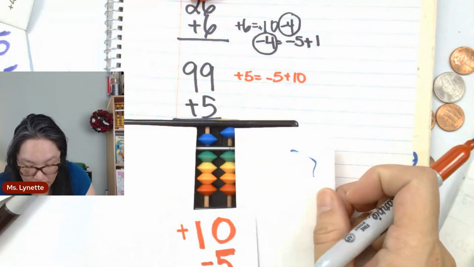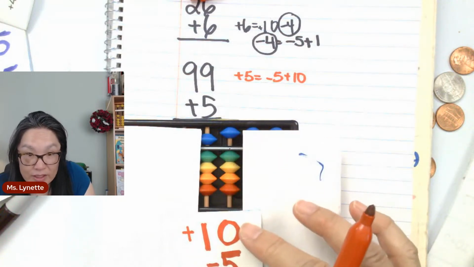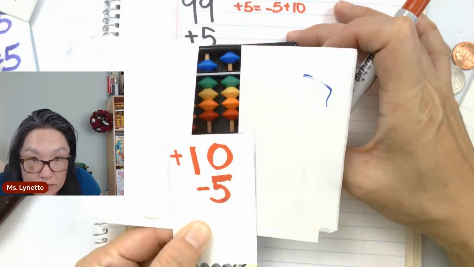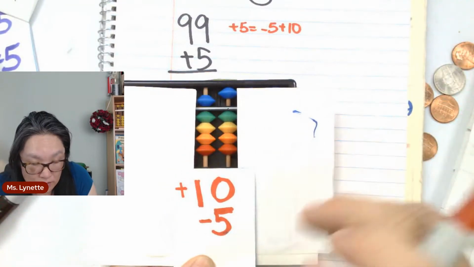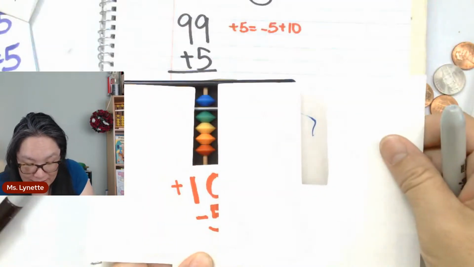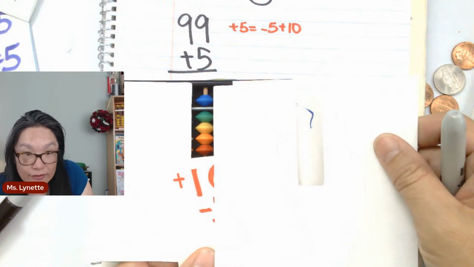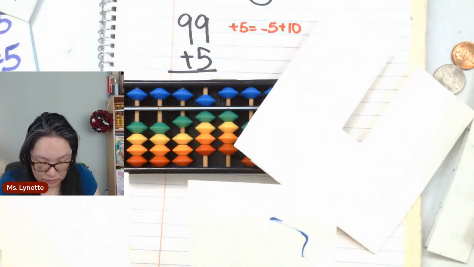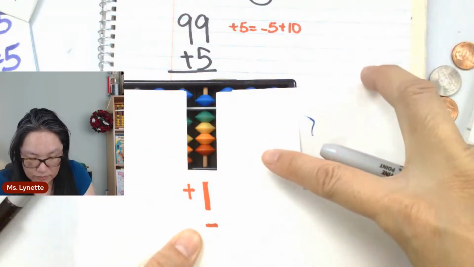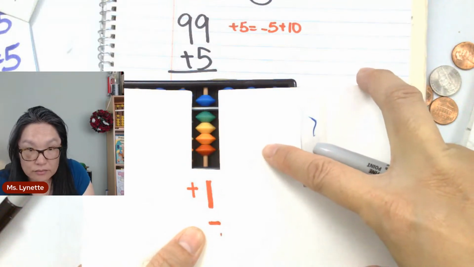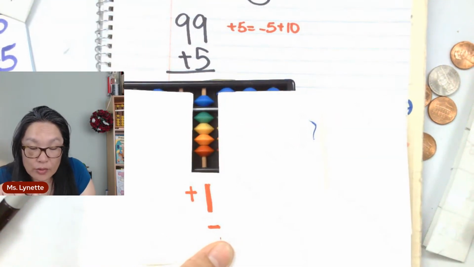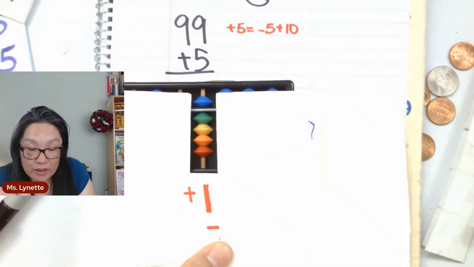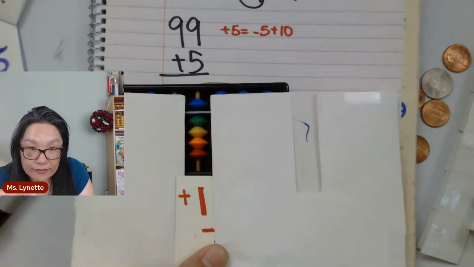I'm going to add the 10 here. Do I have enough? Can I add the 5? No, I cannot add the 5.